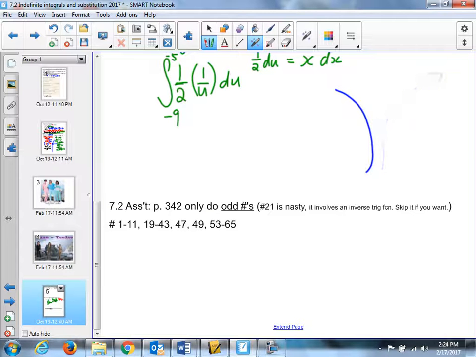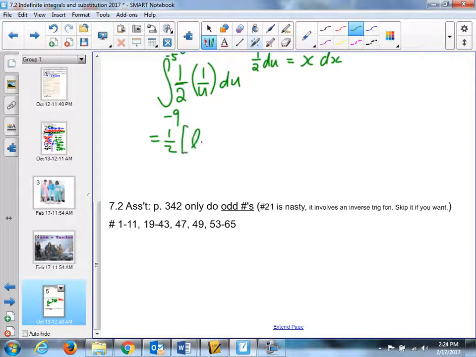Right? Okay. So what I'm saying is that this is equal to, from the fundamental theorem of calculus, the antiderivative, 1/2 of, I'll do this first, natural log of the absolute value of u, from -9 to -5.